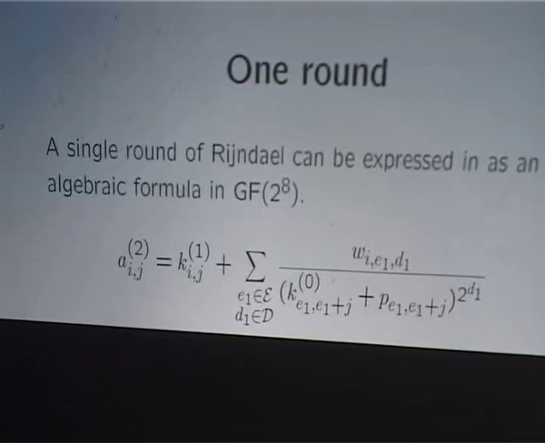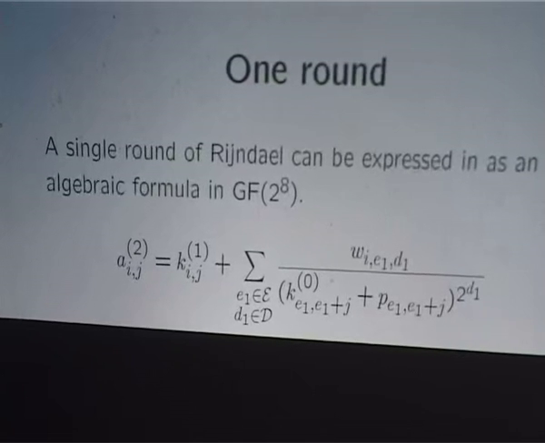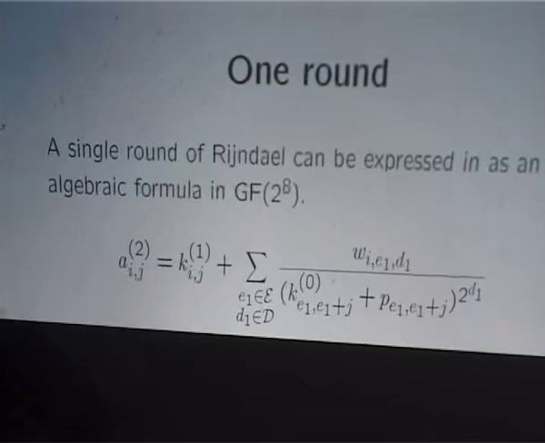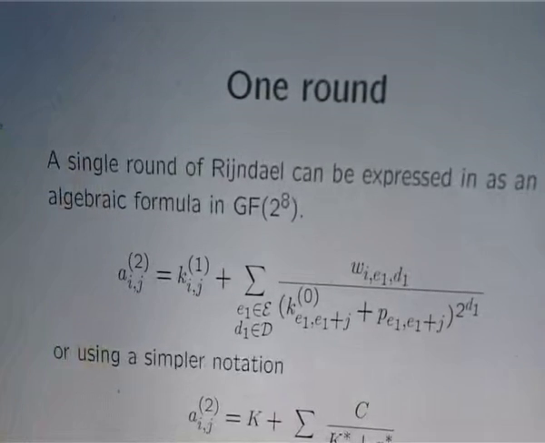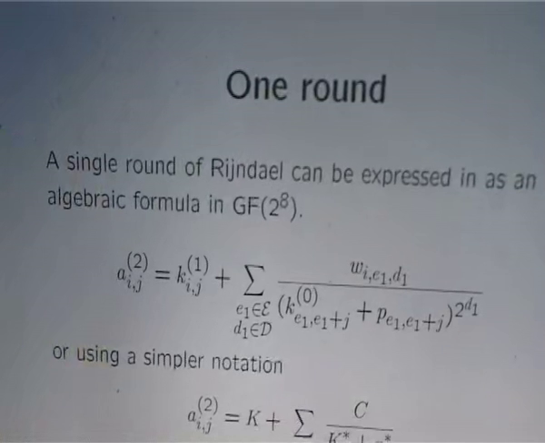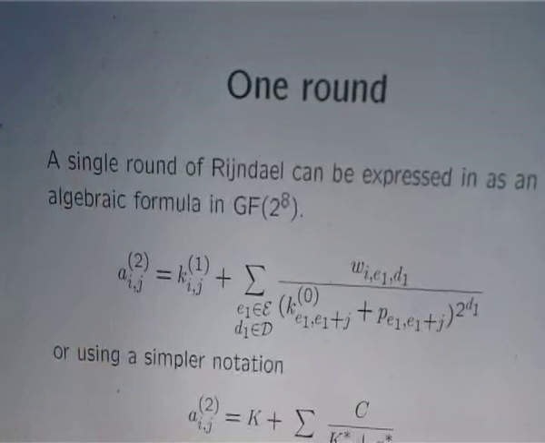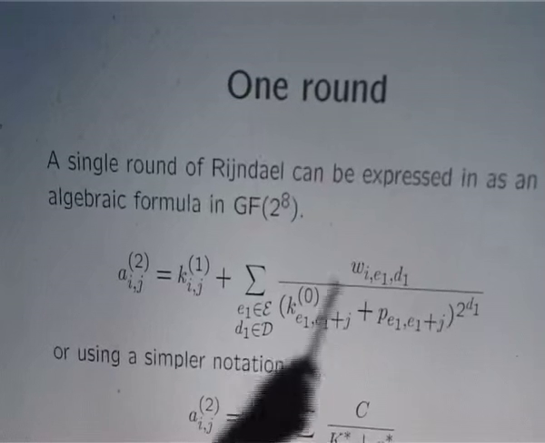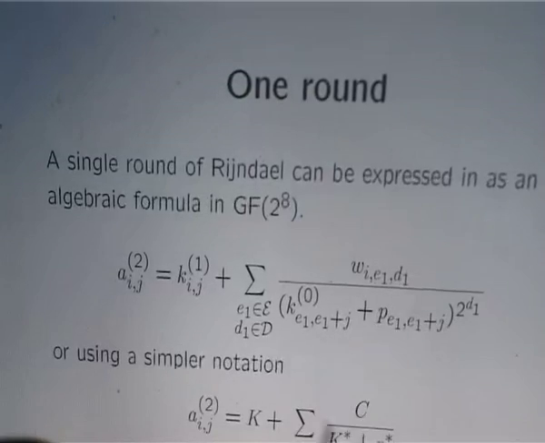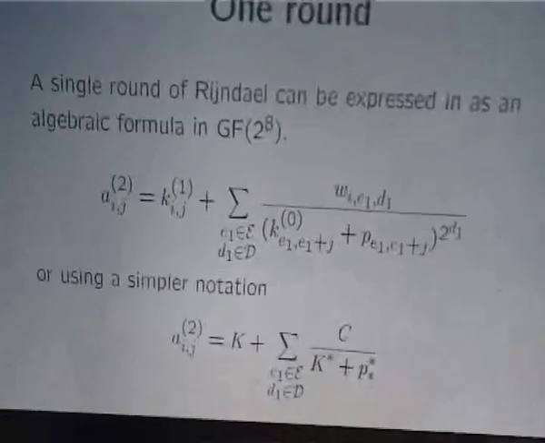And like I said, mathematicians like to rewrite things to make them look simpler. We can rewrite it like this, where we write a capital C for any constant that we know. We know all the W's, and we have to keep track of exactly which W, but it's some constant that we know.